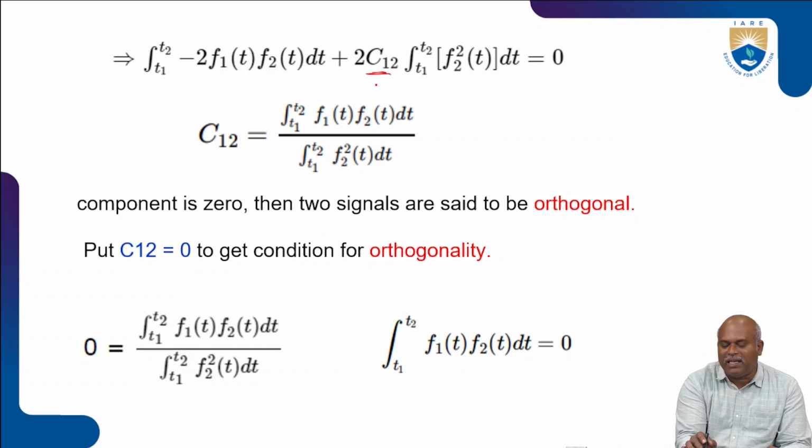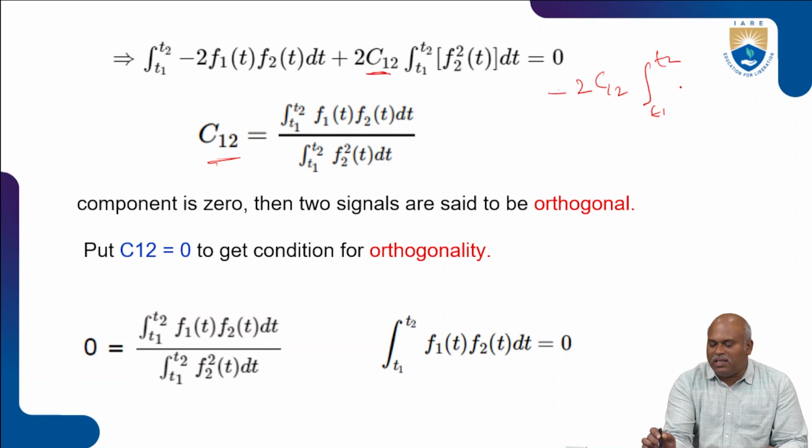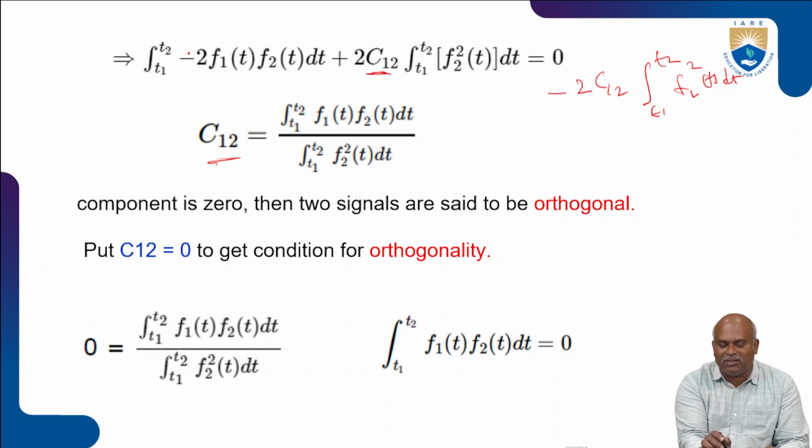The minimized error coefficient is equal to C12. Then take it out. Also, if we move to this side, the zero side, it consists of 2 times C12 times the integration from T1 to T2 of F2 square of t dt. So this minus and the minus here cancel, remaining this coefficient we need.